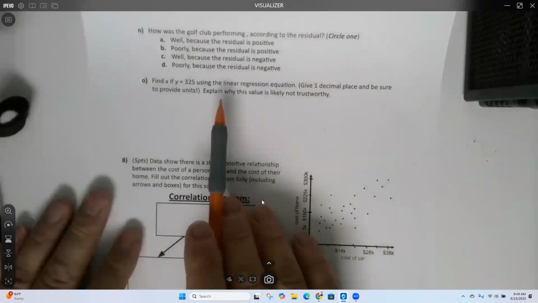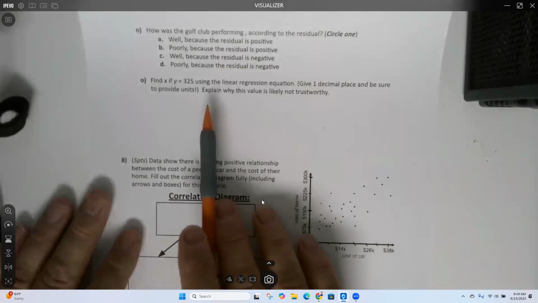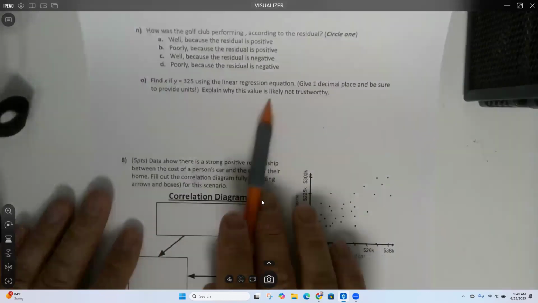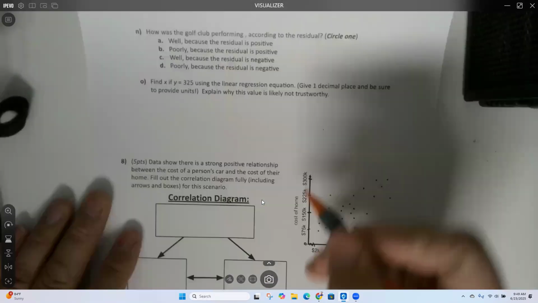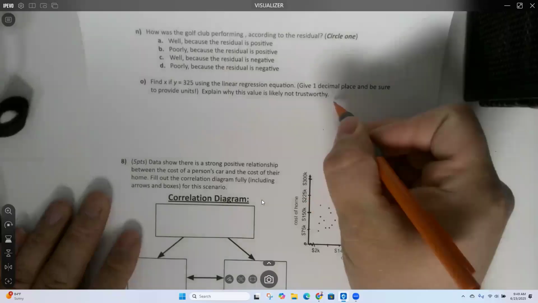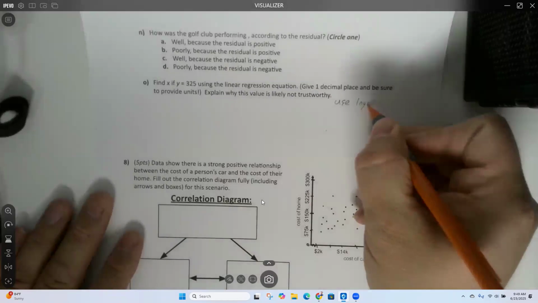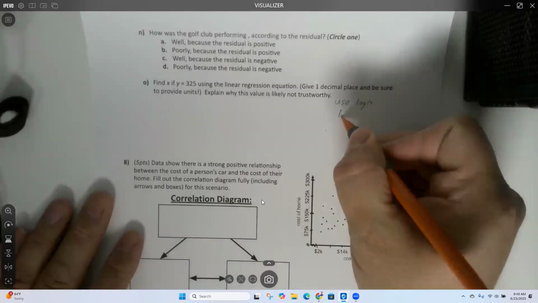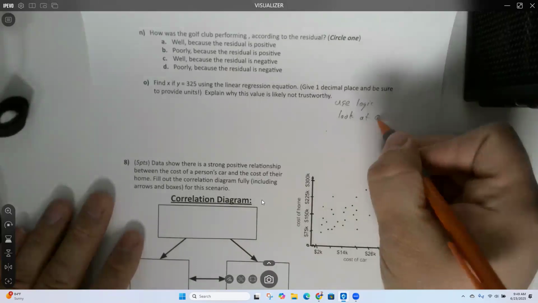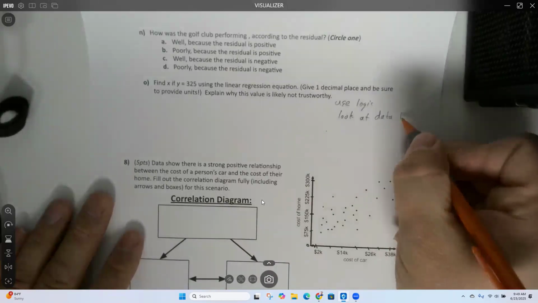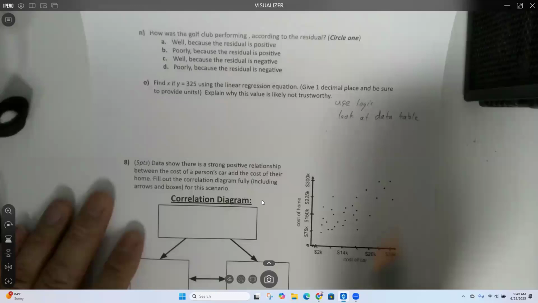Find out what x is. Explain why this value is not likely to be trustworthy. So there's not really a script for that. You just need to look at the table, use some logic. So look at the data table or the numbers in StatCrunch. Okay. And it should be pretty clear.